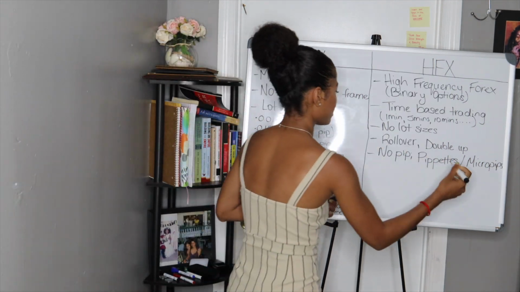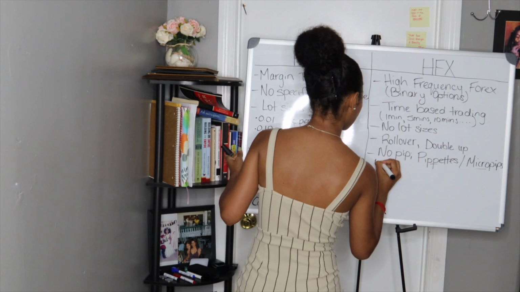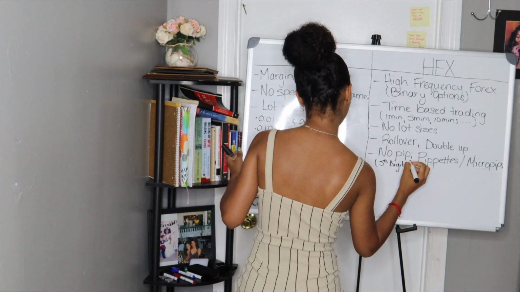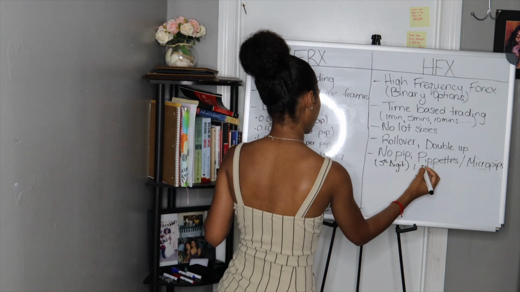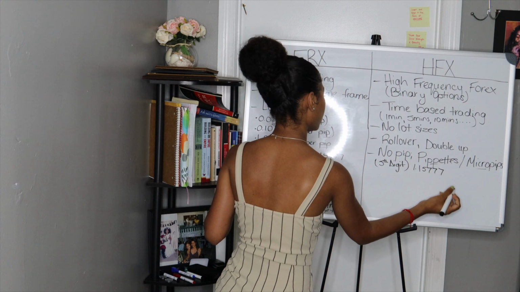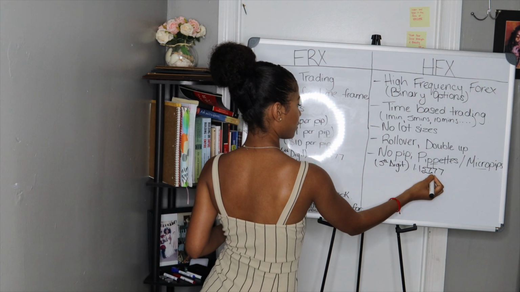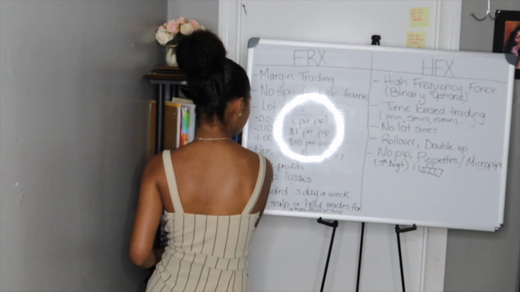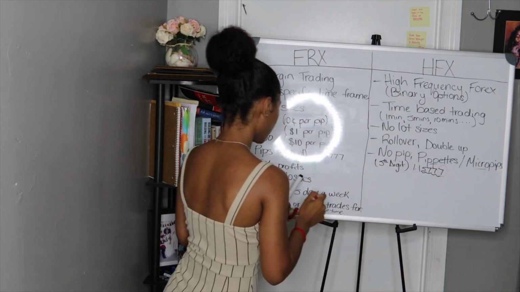Now, pipettes, micro pips, right? This is the 5th digit. So for example, I'm going to use these same numbers over here, 1.15777. So the 5th digit after the decimal point, 1, 2, 3, 4, 5, right? That right there. Let me just use a different color. It will be this number right here, okay? That's what you will be focusing on.